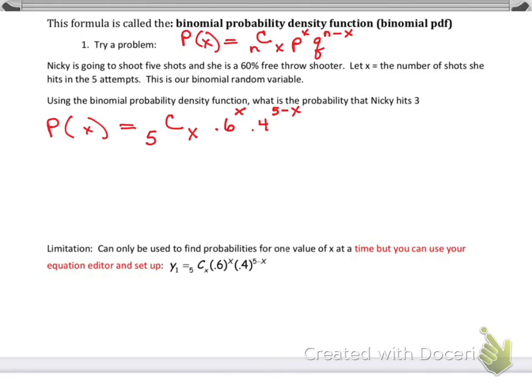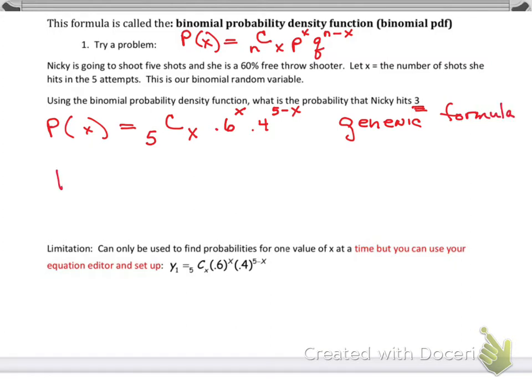If you're going to use this binomial probability density function, and you want to know the probability that Nikki hits 3, I have to make some adjustments. So this is your generic formula. Okay, that will let you find any x that you want.